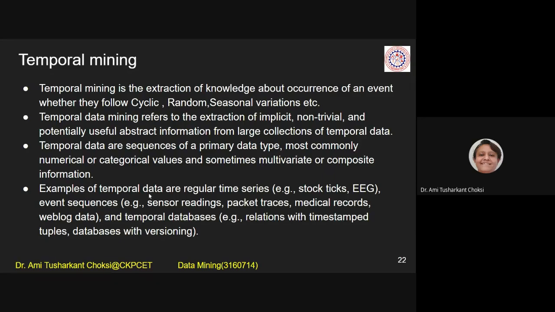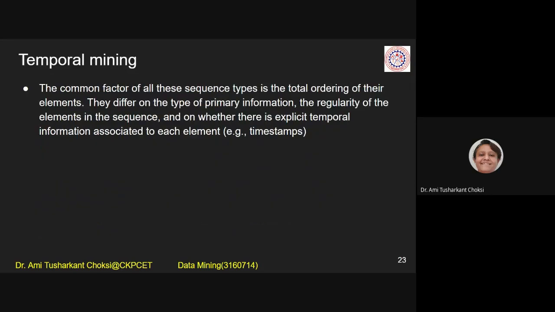The examples of temporal data are regular time series, event sequences, that is, for example, sensor readings, then packet traces, medical records, web log data, right? And temporal databases. Okay, so temporal data typically considers time series data, isn't it? Event sequences and temporal databases.